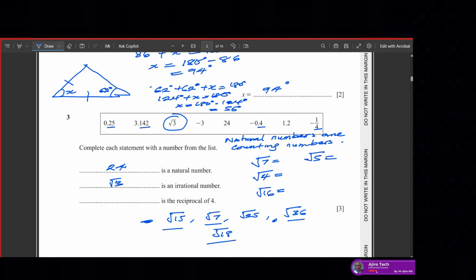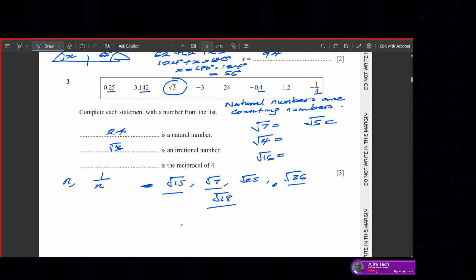No, that's not it. When they say find the reciprocal of a number, let's say the number is n. The reciprocal of n is 1 over n. So the reciprocal of 2 would be 1 over 2, and the answer will be 0.5. Do you understand?